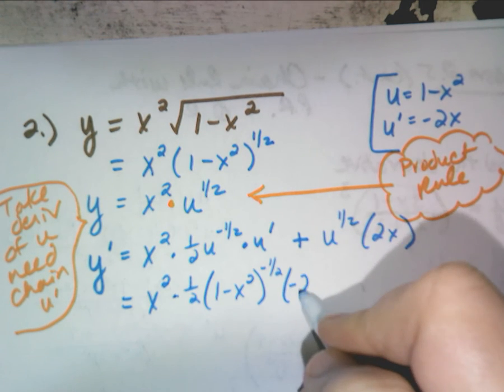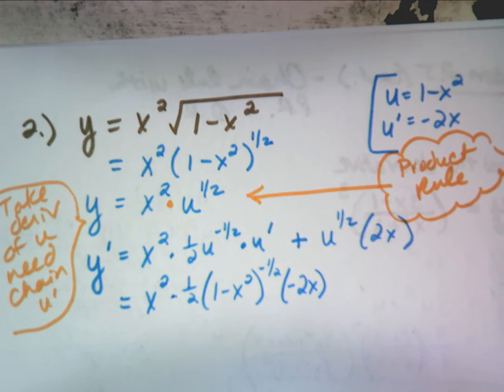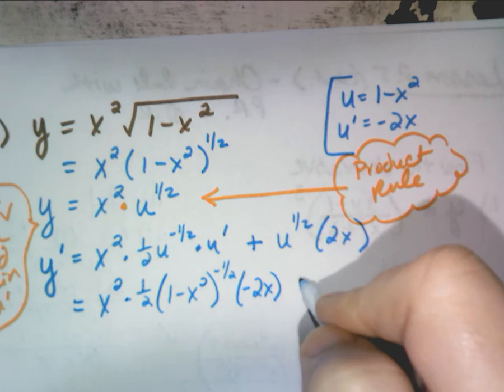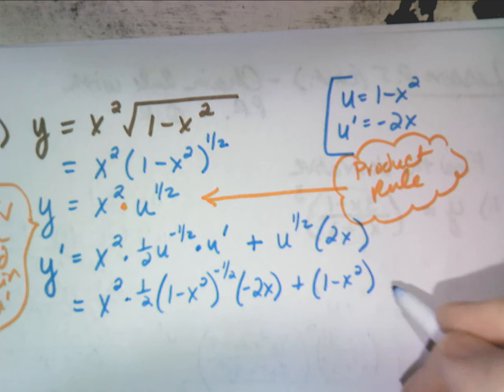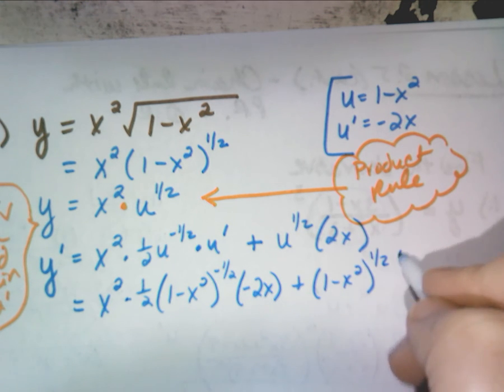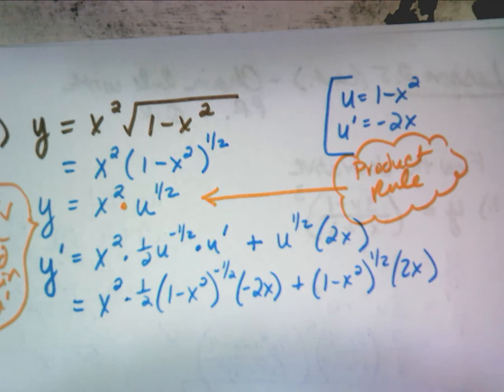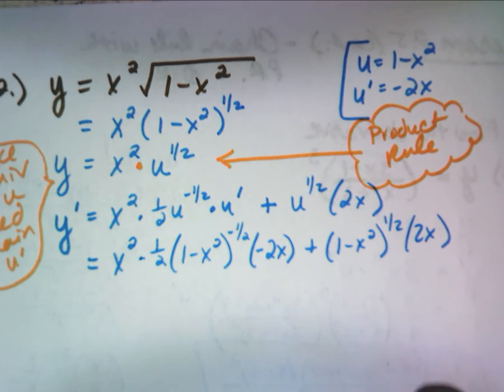I'm going to include it in a parenthesis because I don't want it to be mistaken for something else. Plus 1 minus x squared to the 1/2 times 2x. And we just are cleaning up from here, kids.